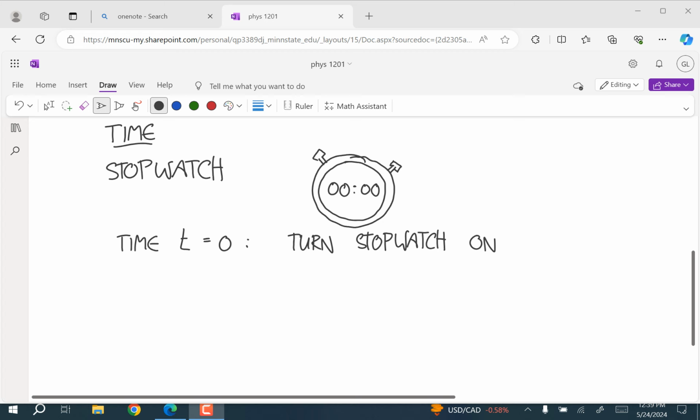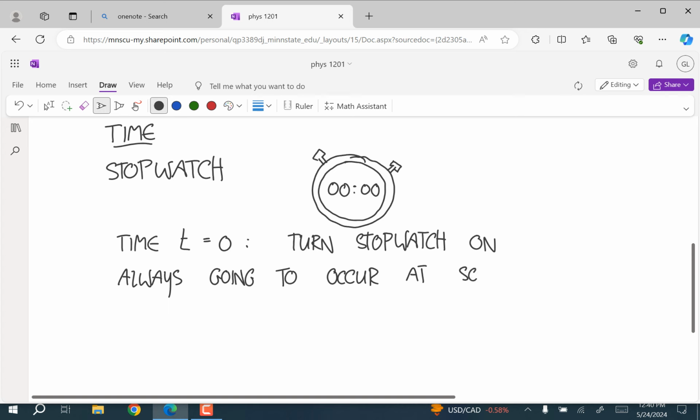And this key instant, time equals 0, is always going to occur at some relevant instant when we're either given information about the motion.